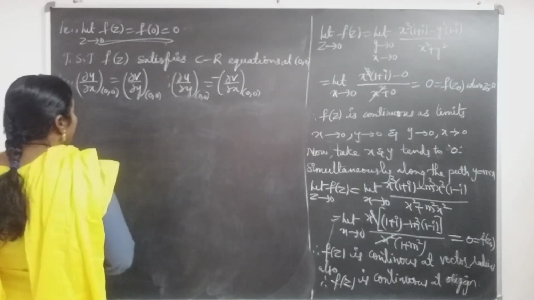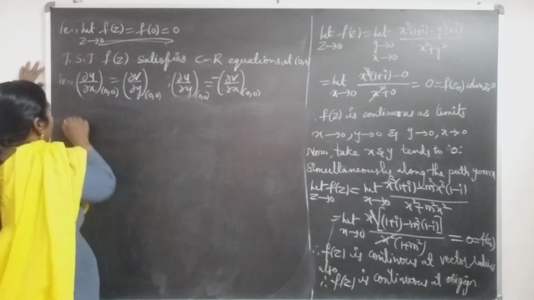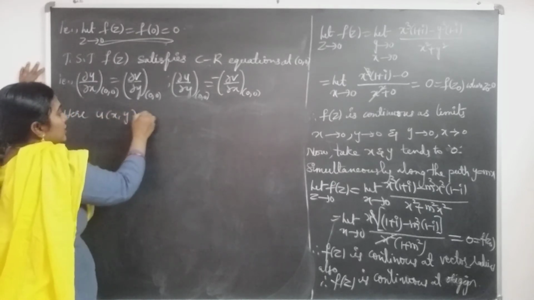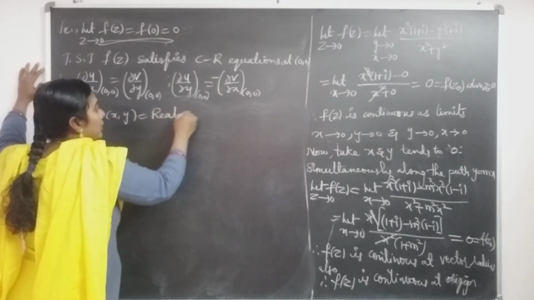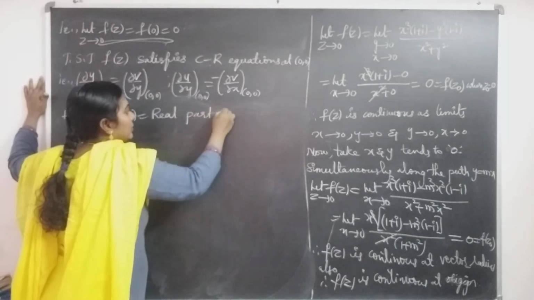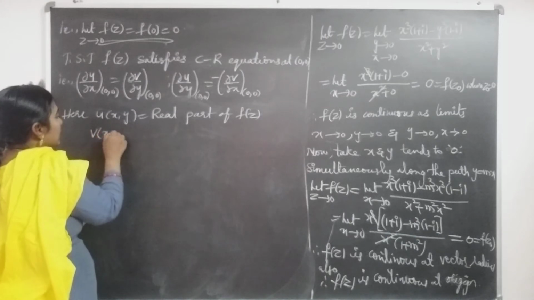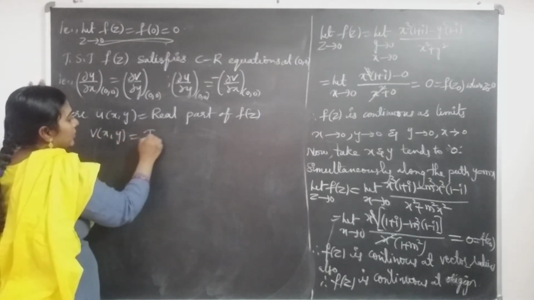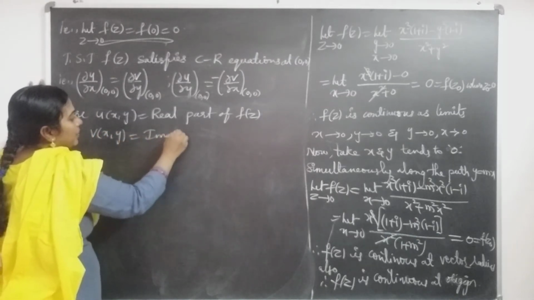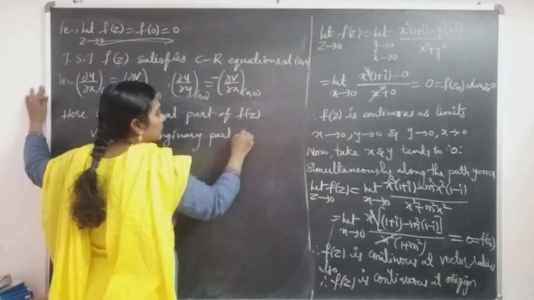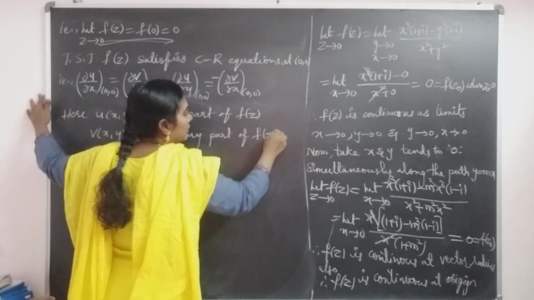Here first we can take u and v, means here u of x comma y is equal to the real part of f of z, v of x comma y is equal to the imaginary part of f of z.